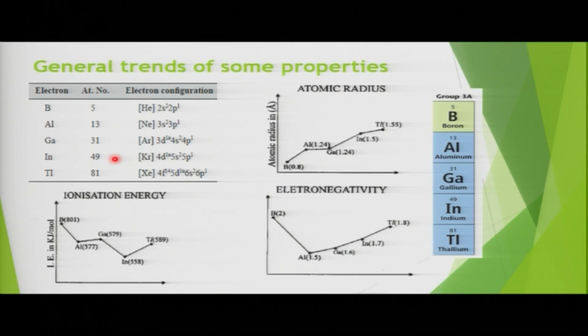As you go downwards, more shells are being added as a result of more electrons being added. So that, of course, brings in the screening effect, as I highlighted, and brings in an effect on the radius. Question, why is gallium having a similar atomic size? Simple. It's due to the presence of d orbital in gallium.